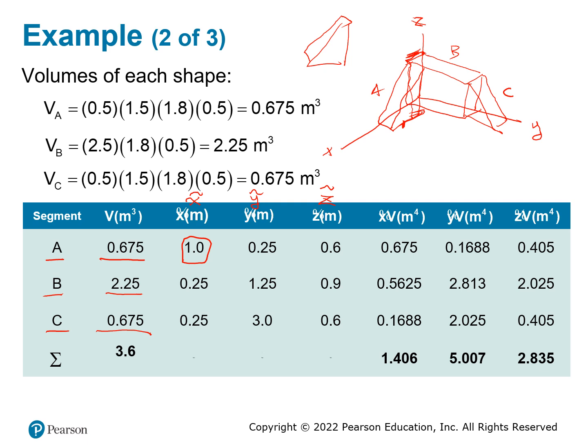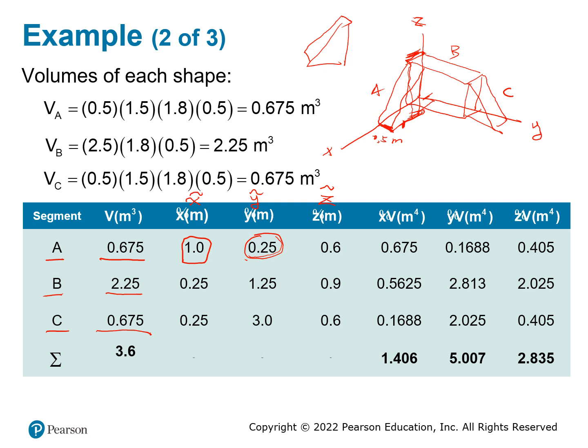Same thing for the Y. The Y is going to be 1/3. No, for the Y here, this is the Y direction, right? The Y is going to be just right in the middle of this here. So I guess this one is 0.5 meter, so your centroid is going to be 0.25 meter.